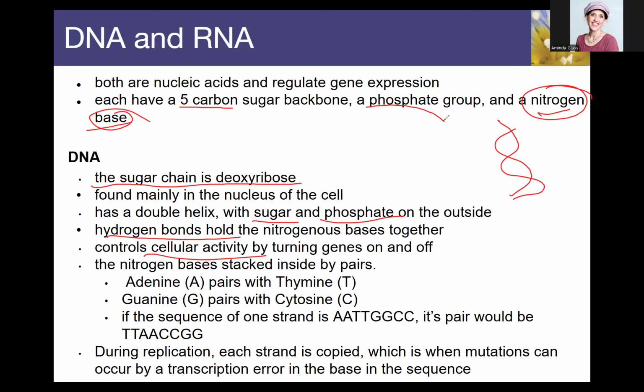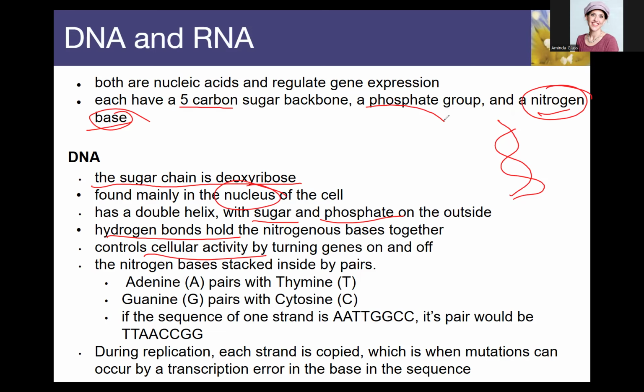DNA controls cellular activity by turning on and off genes, and it's mainly found in the nucleus of the cell. So DNA is in the nucleus of the cell primarily.